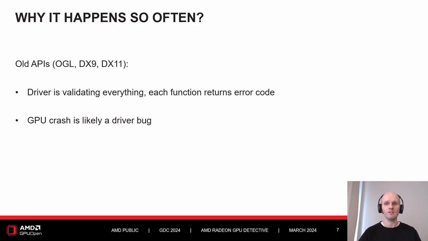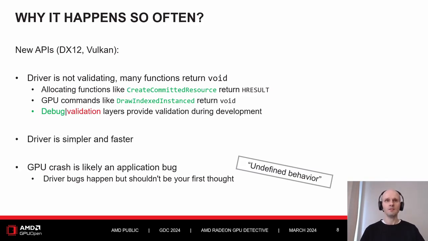But the consequence is that we can easily misuse the API, which is an undefined behavior, and can lead to a crash. In the new APIs, some functions still return an error code, especially those that allocate some memory, because these can obviously fail due to an out-of-memory error. But most of the functions, those recording commands into a command buffer, just return void.